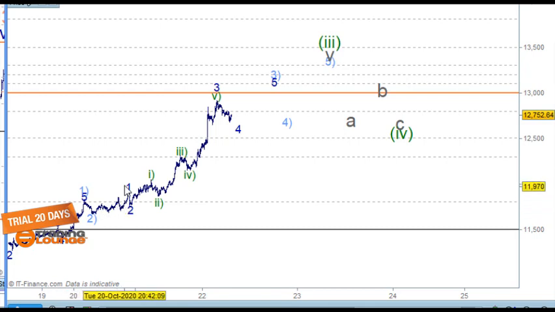So we've got 1, 2, 3, 4, 5 here for 1 and 2, and then that will take us up to here for 3, and then we're coming back for 4 and 5 here, and between 2 and 3 here we have 1 and 2, a nice strong third wave, fourth wave, and we do have the extension in wave 5 here. So it's a bit like a DNA fingerprint of the structure that we're looking at.